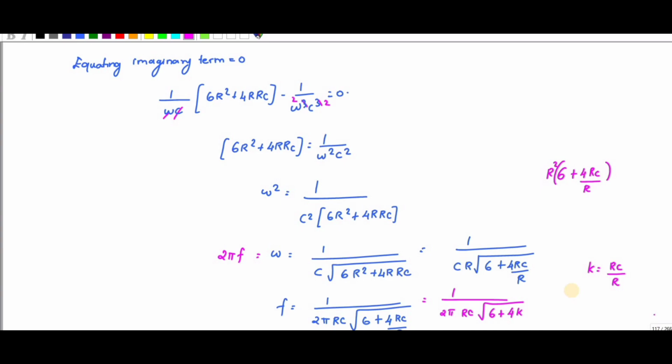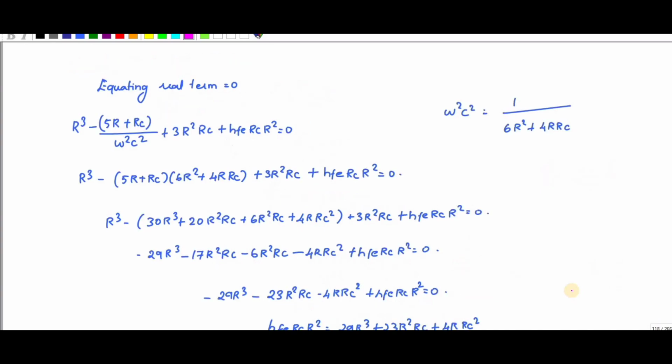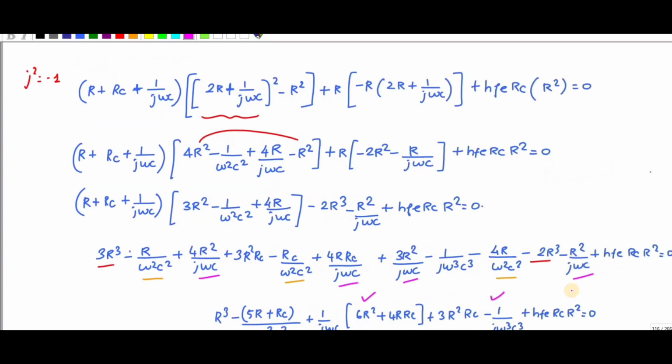So I need to find the HFE if I equate the real term to 0 from this equation. Okay, from this equation, from the equation 1.